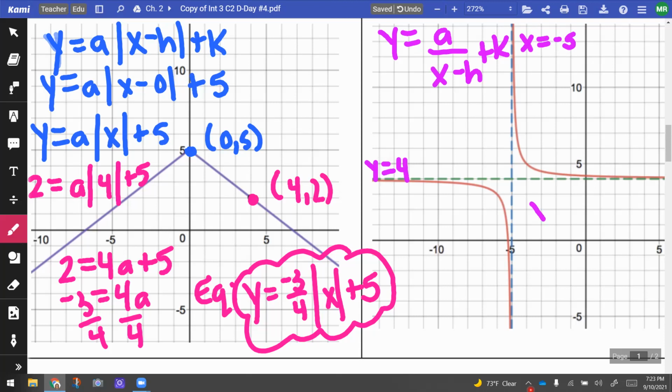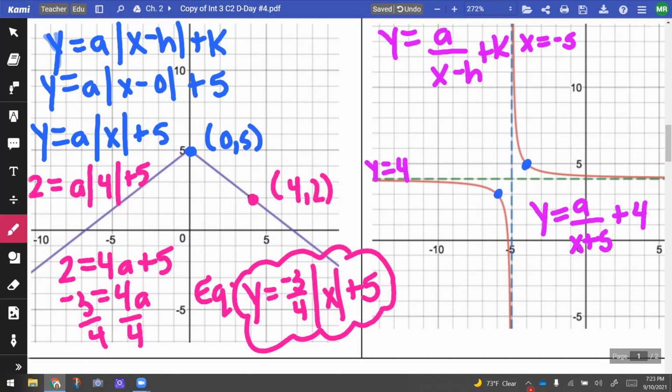So let me just write it down here. So I'm going to have y is equal to a over x plus 5, because -5 would make that 0, and then plus 4. Now they say if they don't give you a point, then your a should be 1. And in this case, our a is 1 if we look here, because I would be going over 1, up 1. 1 times 1 is 1.